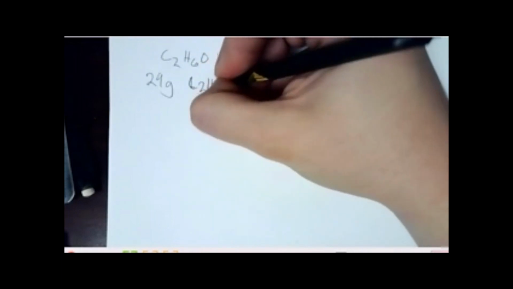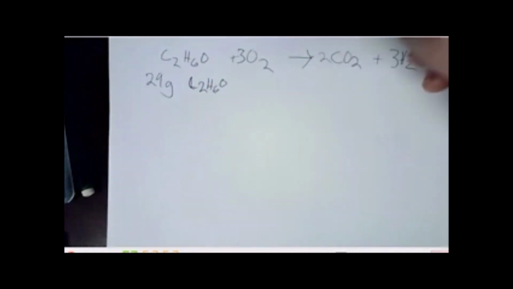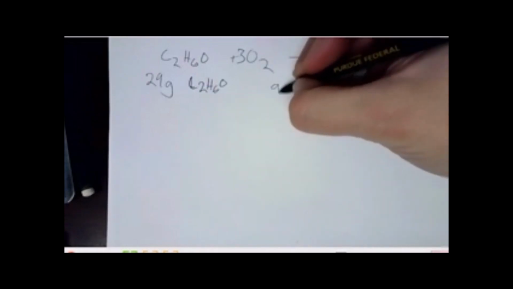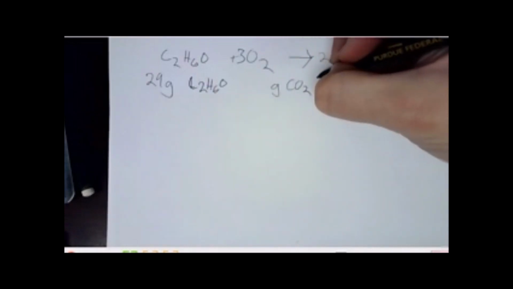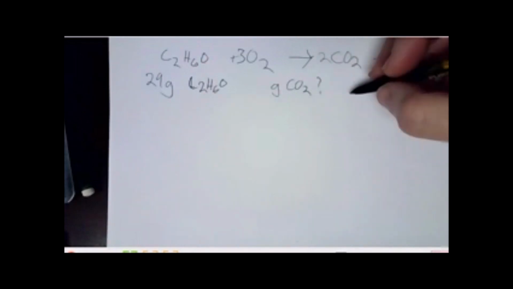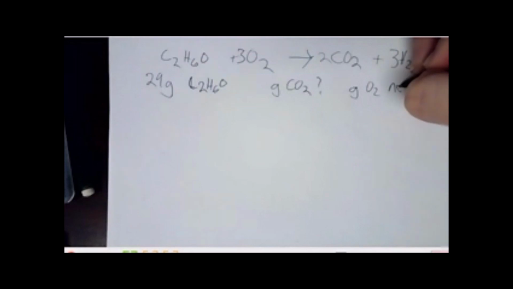So if I had, let's say, 29 grams of ethanol, C2H6O, I'm going to ask you 2 questions. 1, how many grams of CO2 would we produce? And how many grams of oxygen would we need?